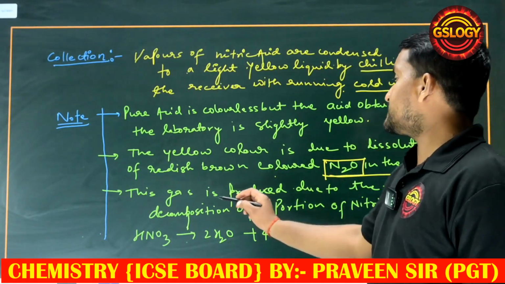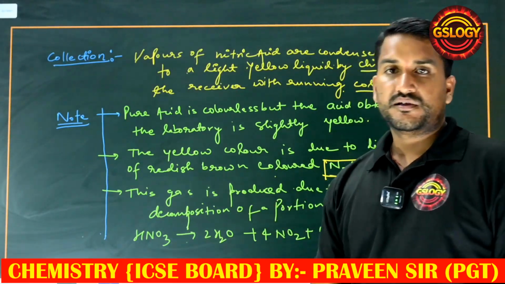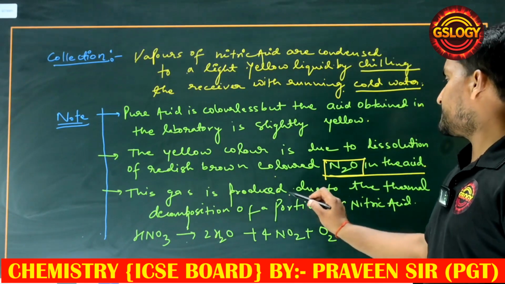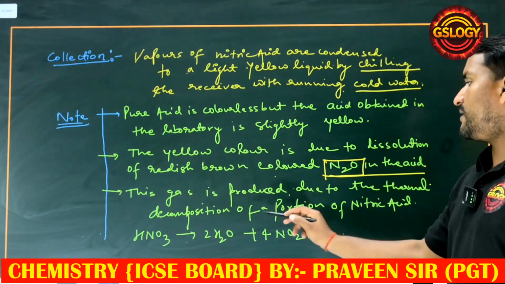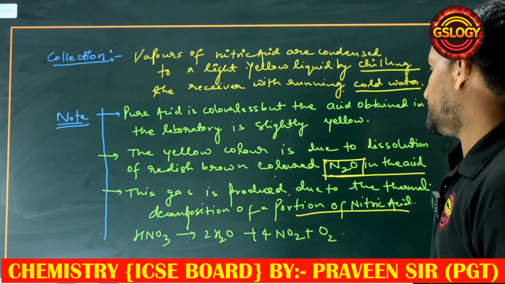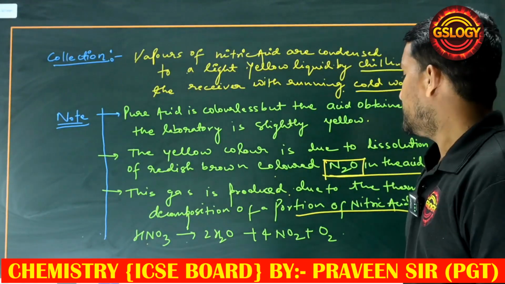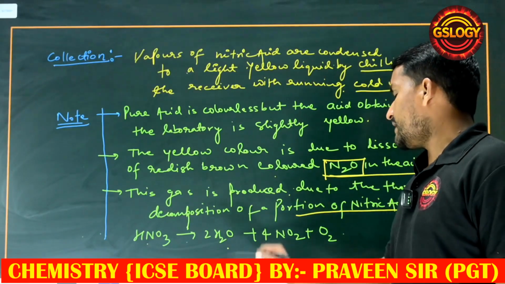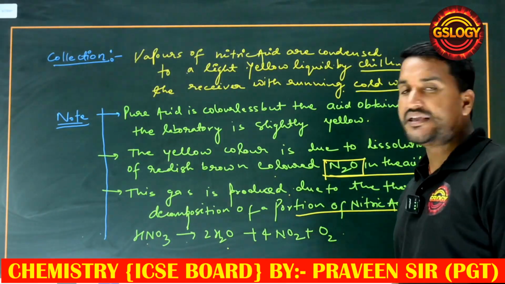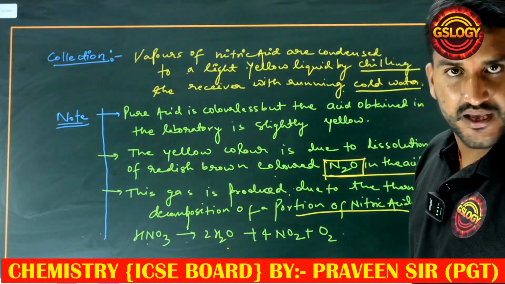This gas is produced due to the thermal decomposition of a portion of the nitric acid. On decomposition, nitric acid forms H2O, nitrogen dioxide and oxygen. Got it, everyone?